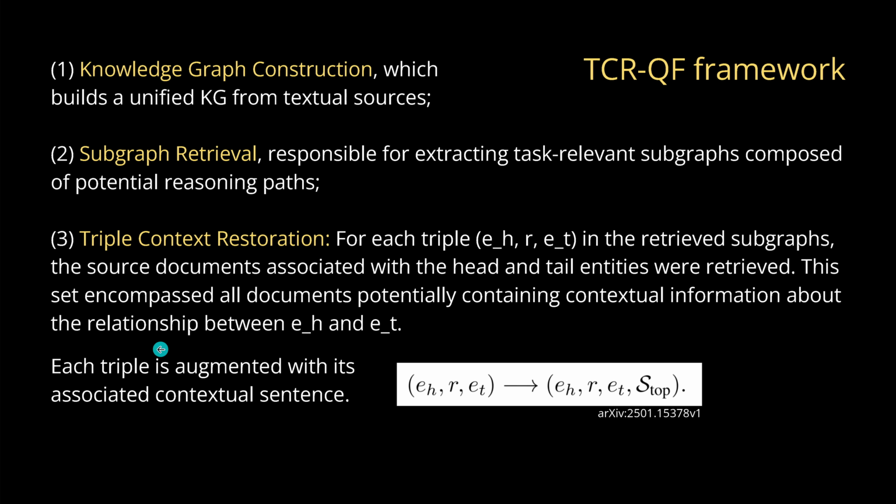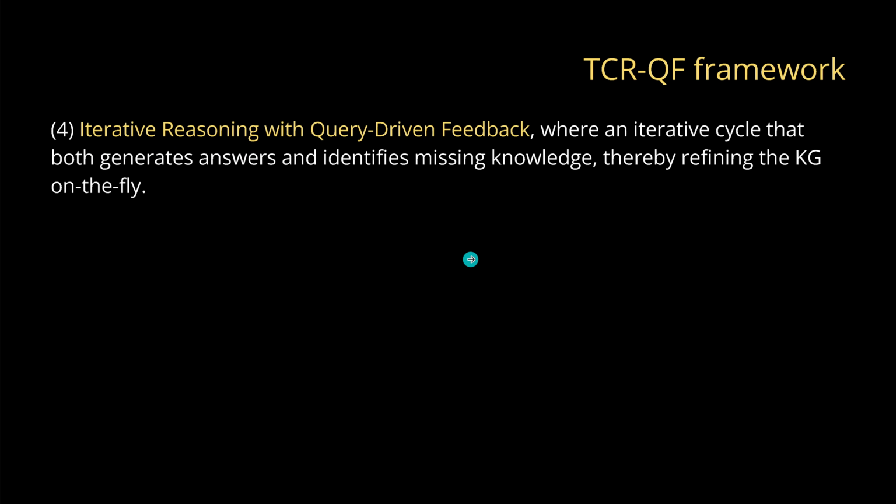And each triplet is now augmented with its associated contextual sentence from the original human sentence. So what we end up with is amazing. You have to have this idea. It's beautiful. You have your triplet and your most important sentence that defines here the context of the triplet. And then comes something interesting.